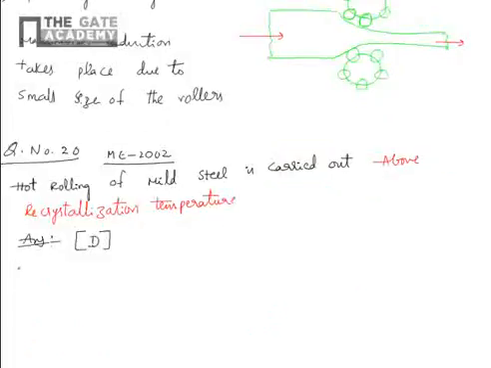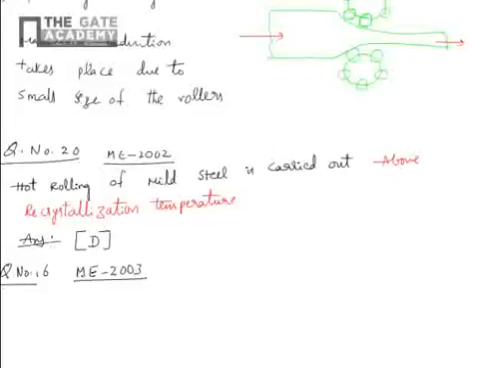Question number 16, GATE 2003. Cold working of steel is defined as: A, working at its recrystallization temperature; B, above its recrystallization temperature; C, below recrystallization temperature; D, at 2/3 of the melting point of the steel. As we know, any mechanical operation that takes place below recrystallization temperature is called cold working.